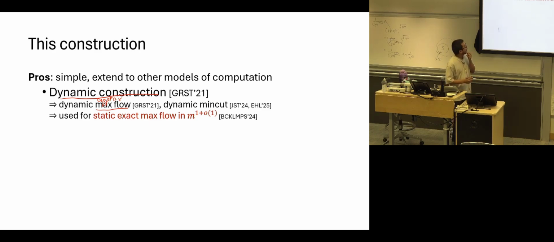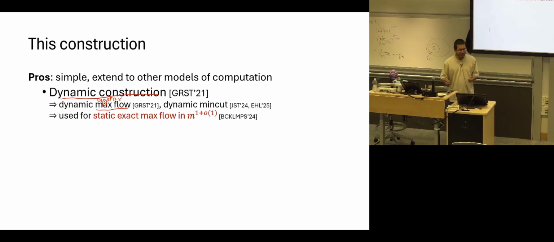But one thing I will talk more about later is that in this class, we have been assuming that you can compute max flow in almost linear time. We didn't show yet how to do that. How people do that is to use this dynamic 3-flow sparsifier as a subroutine to compute it fast. So the construction you just saw is the way to build a dynamic 3-flow sparsifier, and that is used as a key subroutine to compute max flow fast.